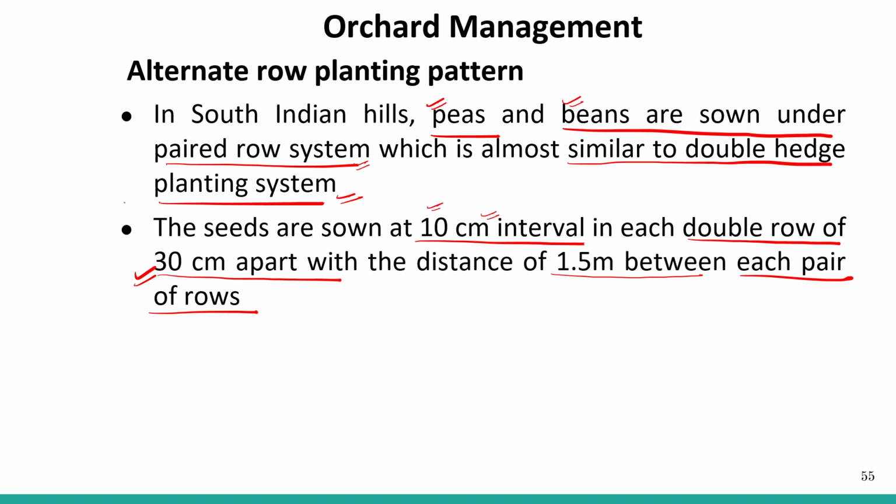According to our land availability and the type of crop we are growing, we have so many patterns available. Any pattern which suits our crop and our land availability, we can opt for. This is a very important topic. So this is all about planting patterns for orchard management.